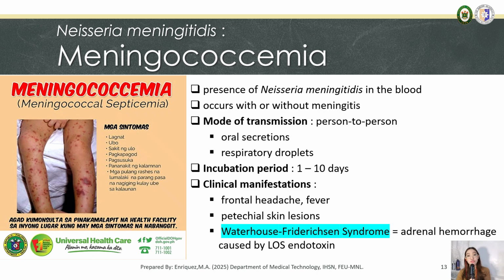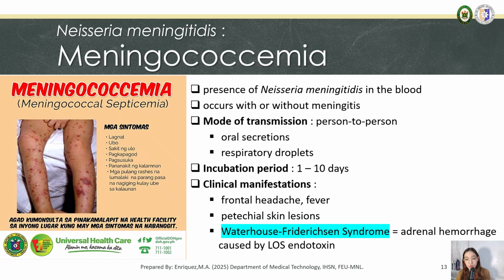After exposure to the meningococcus, the incubation period ranges from 1 to 10 days. The bacteria adheres to the nasopharyngeal mucosa, leading to colonization. In most individuals, colonization of the mucosa results in a subclinical infection or just mild symptoms.